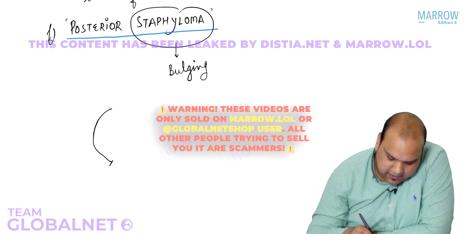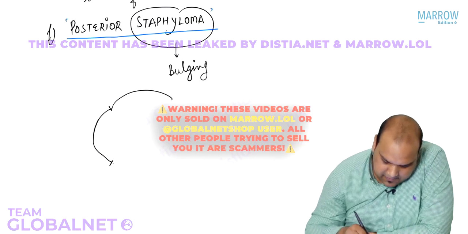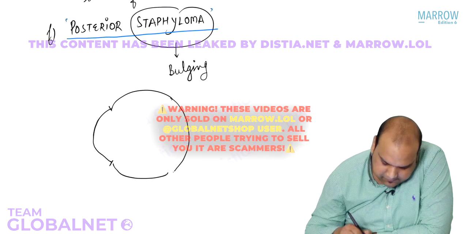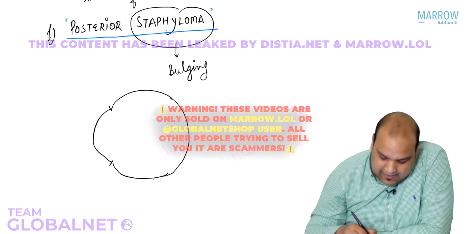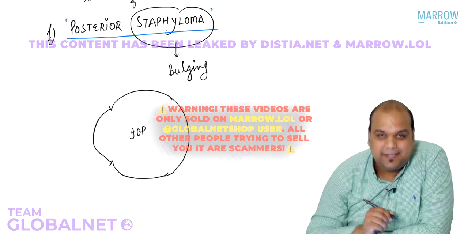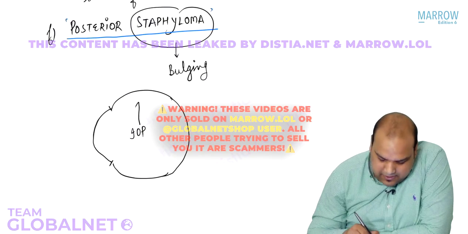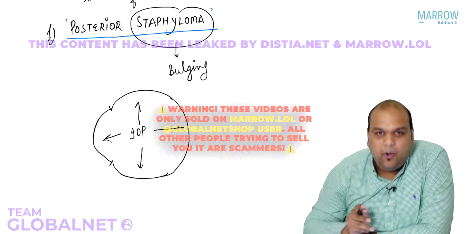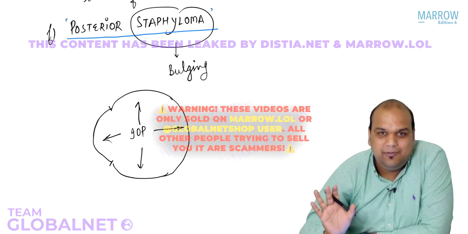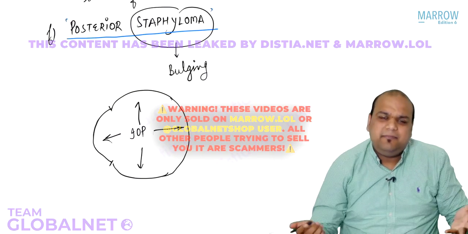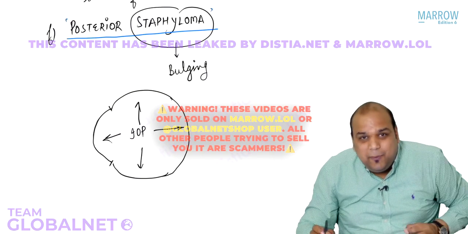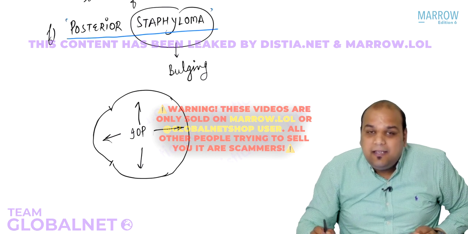If I say this is my cornea, limbus, this is my sclera. Inside the eye, there is intraocular pressure, IOP. The pressure is pushing in all directions. Yes or no? It is trying to push everything. Now, what is occurring in myopia? Axial length is increasing.